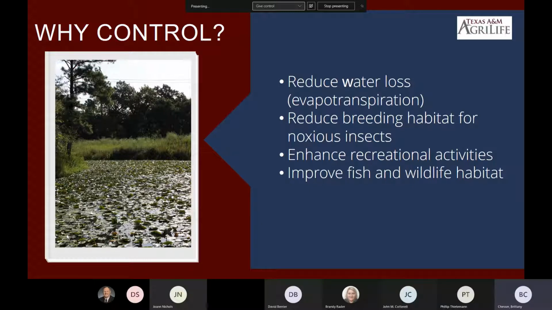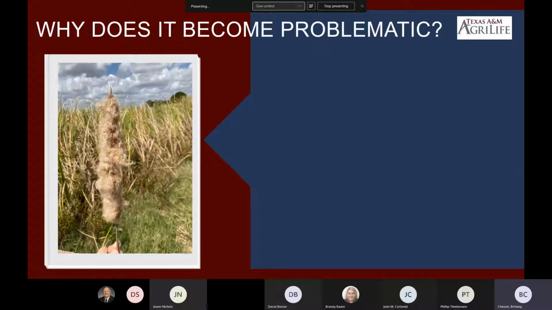If something is covering the water surface, you're limiting the amount of light that's able to hit some of your beneficial algae which produce oxygen. We'll talk about that in a little bit with our planktonic algae. But if you have a fishery, this is probably one of the number one reasons to control your aquatic vegetation. And along with that, of course, it can also improve your wildlife habitat.